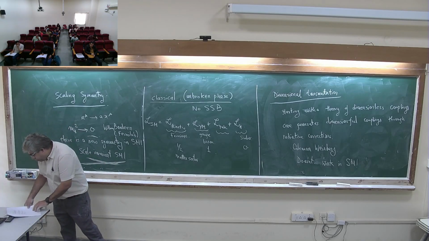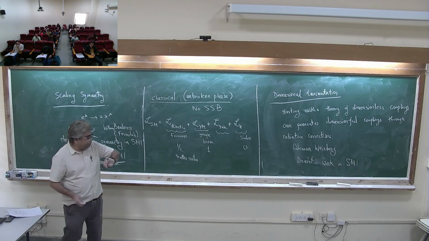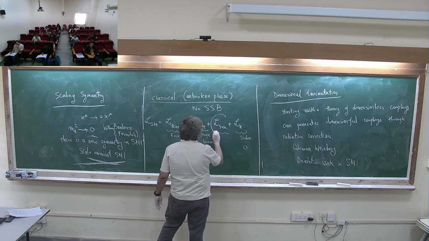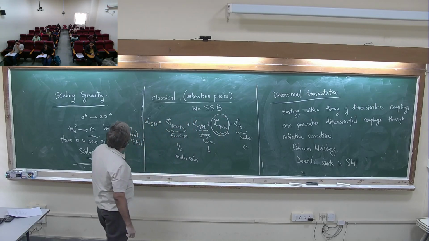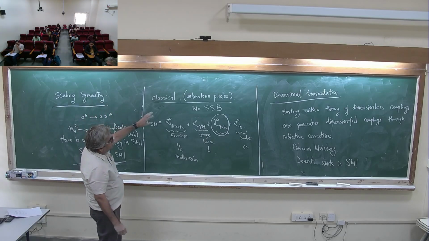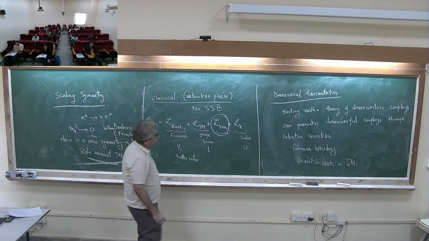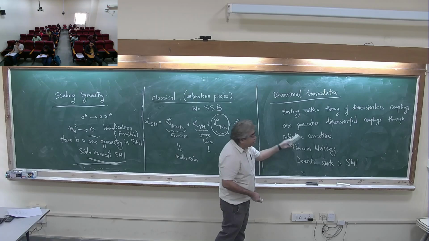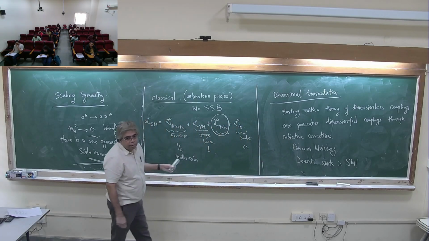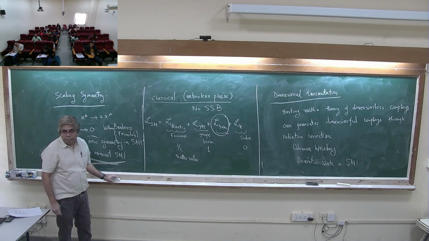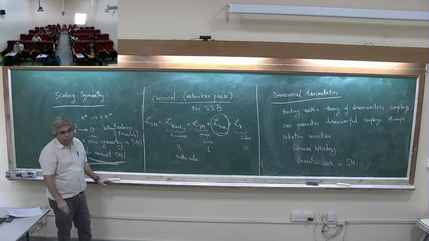So we have scaling symmetry, U(1) symmetries, and everything. And then there is something called the flavor symmetry. So we put the Higgs mass to 0. And then we put the gauge boson mass to 0. You have the gauge symmetry restored, which is obvious essentially because there is no spontaneous symmetry breaking.